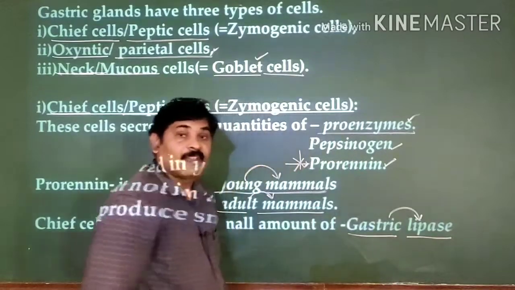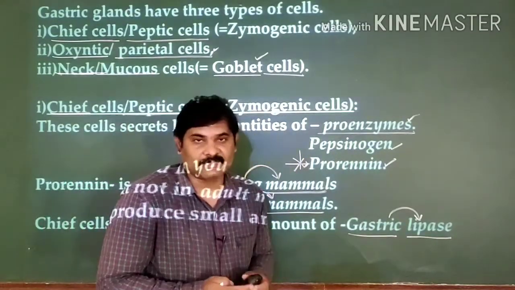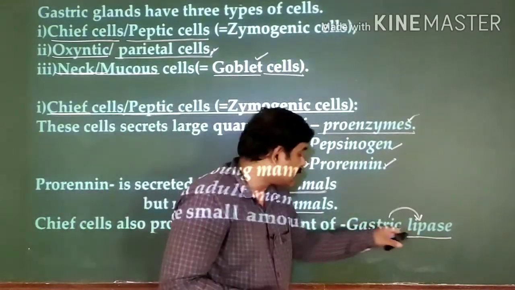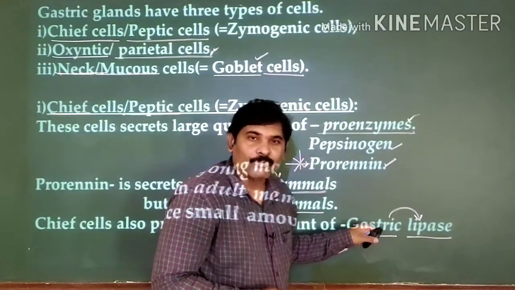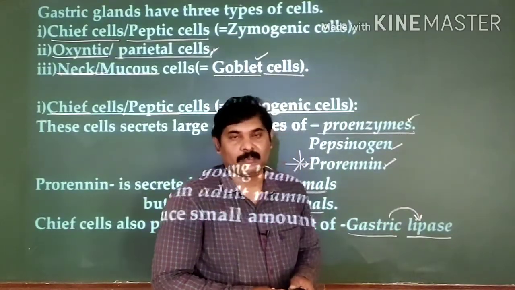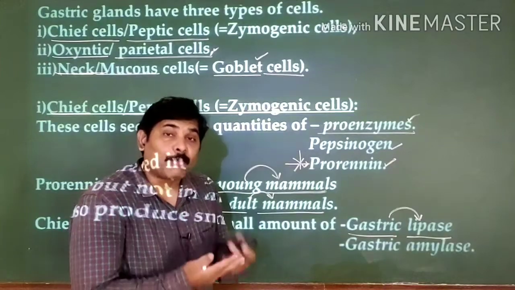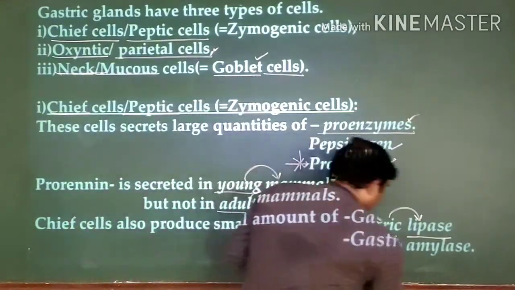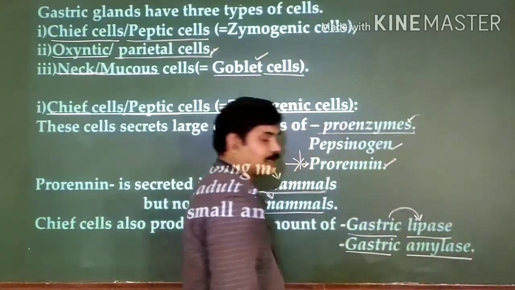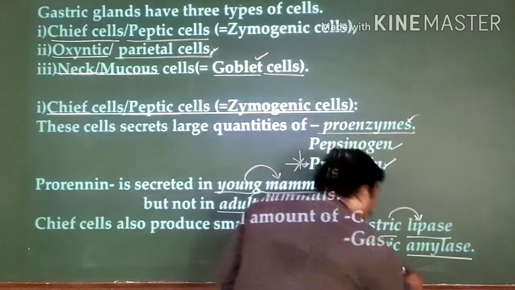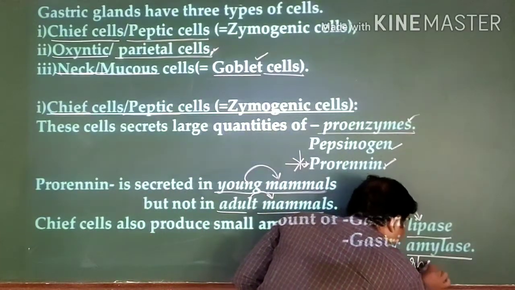Lipase is an enzyme which acts on lipids or fats. Since this lipase is released by the gastric gland, we call it gastric lipase. Along with that, gastric amylase is also there. Gastric amylase is another enzyme which acts on carbohydrates.